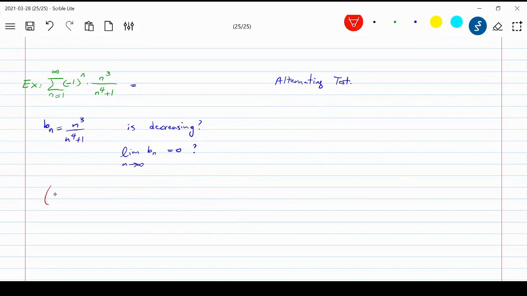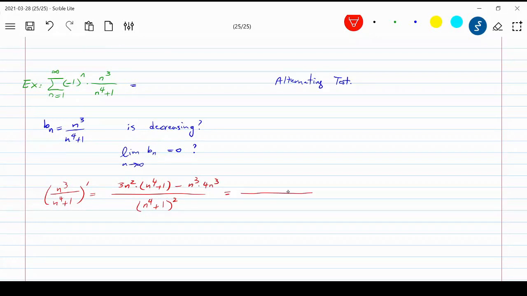And how do we find out if it's decreasing? You take a derivative and look at the behavior. So the derivative would be over the denominator squared. Again, you can change this to x, but I'm assuming n is continuous for the moment when I'm taking the derivative. 3n squared times n to the 4 plus 1 minus n cubed times 4n cubed.